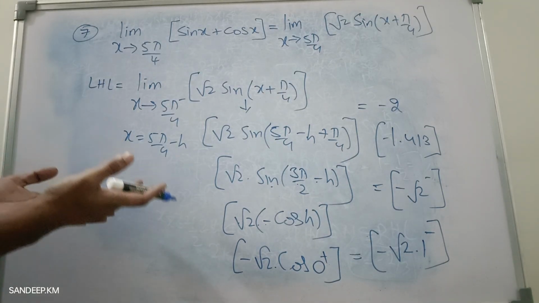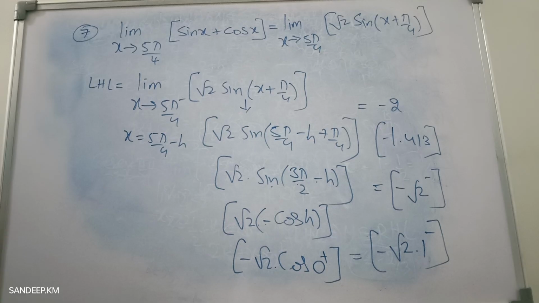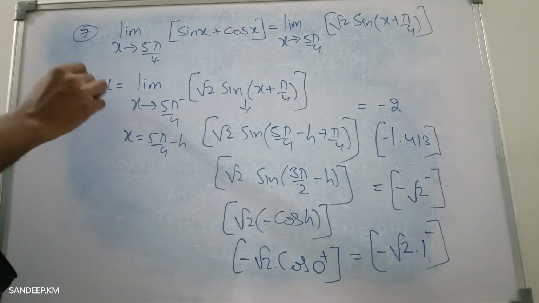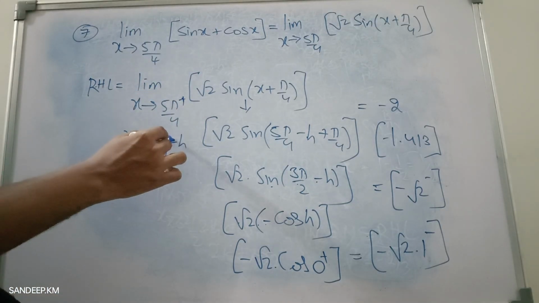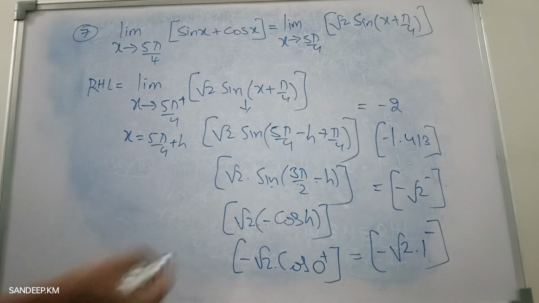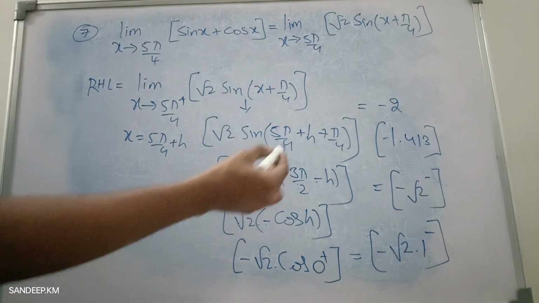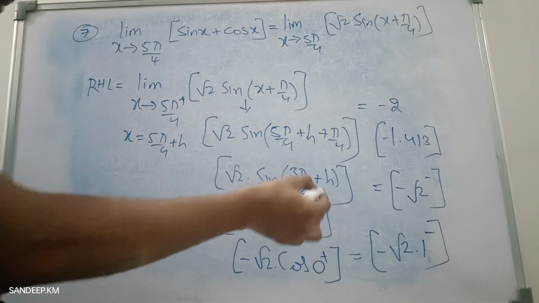Same way, you can find the RHL value. You can just pause the video and see what the RHL value is. I am writing the RHL here itself, using the LHL. RHL, so 5 pi by 4 plus, which means x is equal to 5 pi by 4 plus h. So 5 pi by 4 plus pi by 4 is 6 pi by 4, that is 3 pi by 2 plus h.